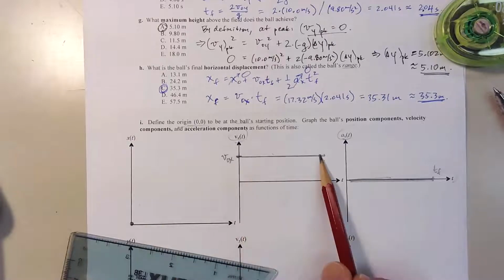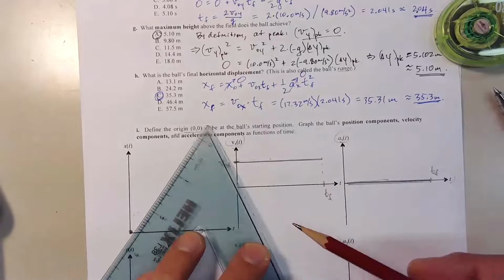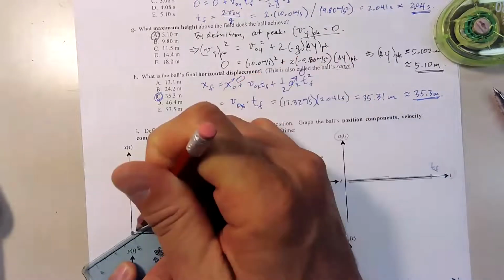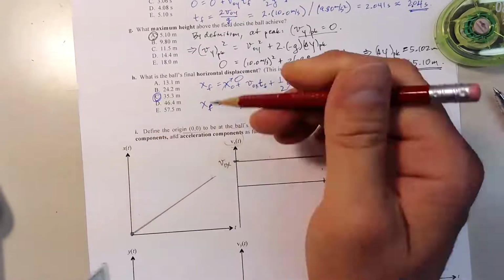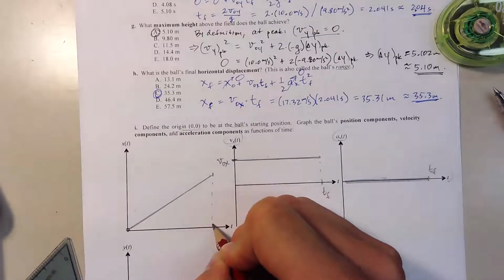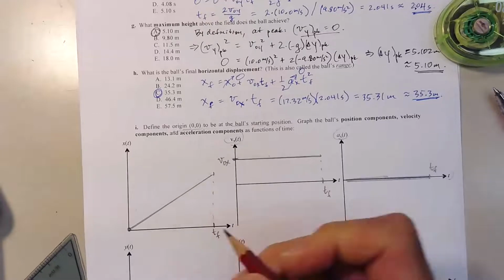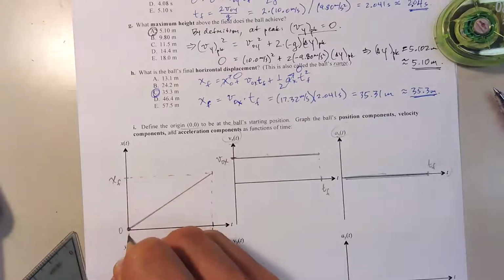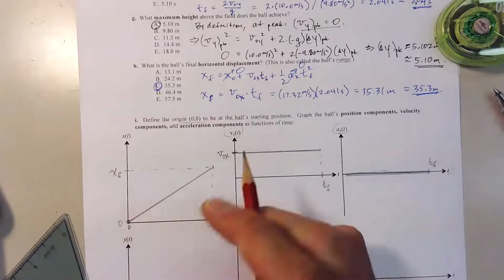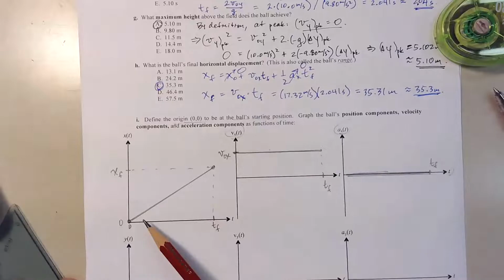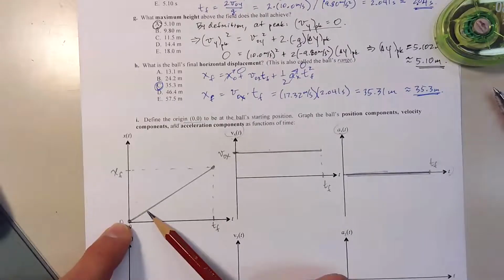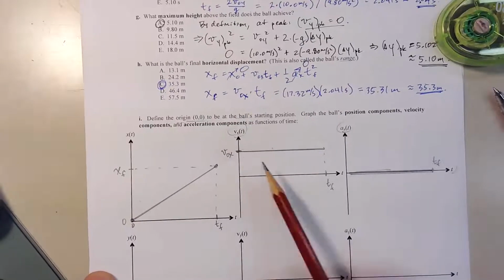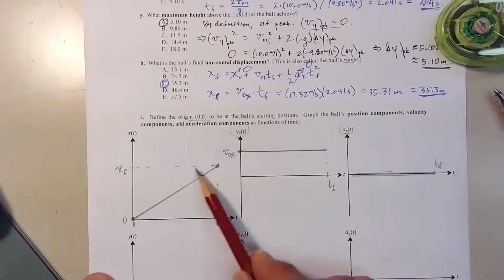The velocity has one constant positive value at all times, so we should draw a position graph that has one constant positive slope at all times. And this is landing right here. So that would be x final, the total range that's achieved. So the ball progresses downrange at a steady rate of 17.3 meters per second until finally it lands at 35 meters.